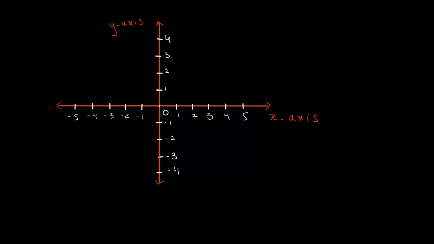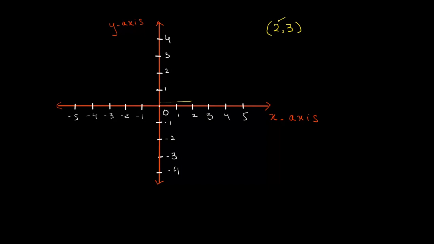Now if I want to locate various points, let's say I want to locate a point 2, 3. What that means is that its perpendicular distance from the y-axis is 2. So I'm going to move 2 units perpendicular to the y-axis, on the positive side because this number is +2.